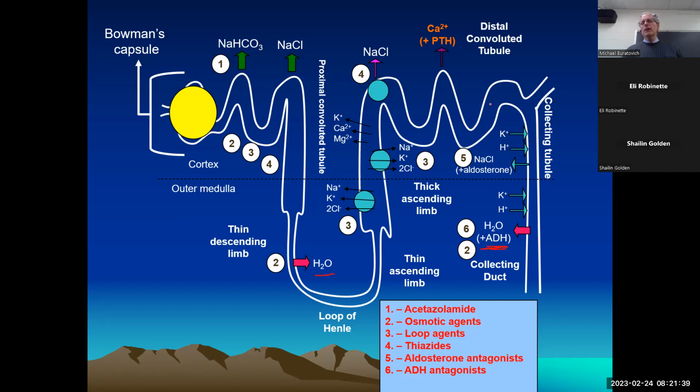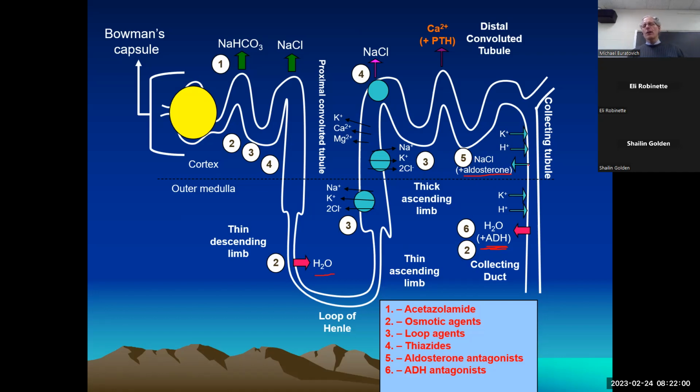Other principal cells up here also are responsive to the hormone aldosterone. Aldosterone is made by the adrenal cortex, in particular, the outermost area of the adrenal cortex, the zona glomerulosa.